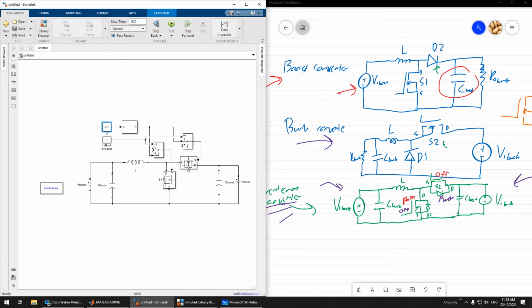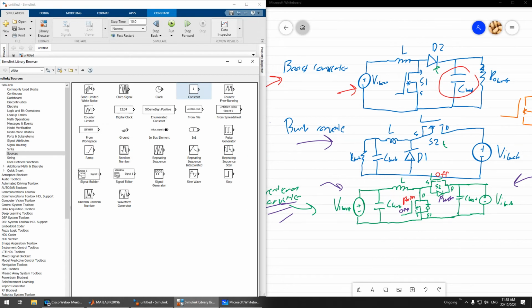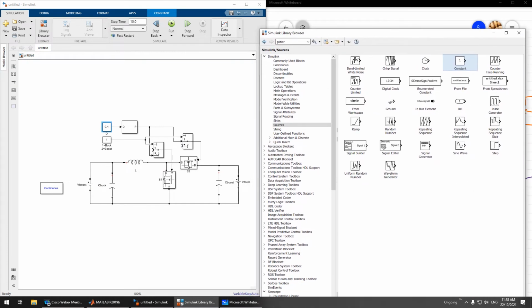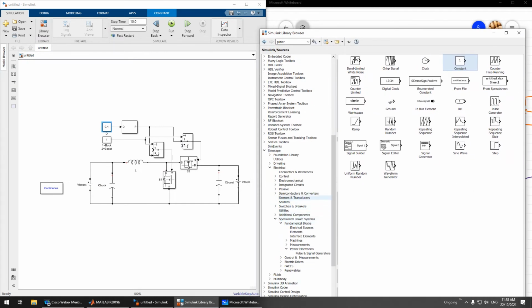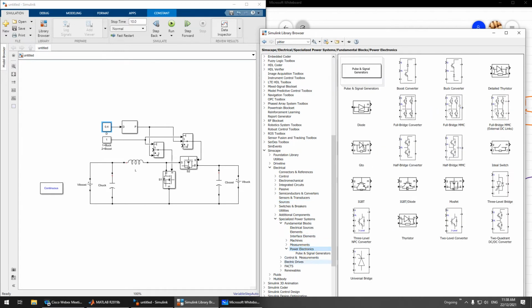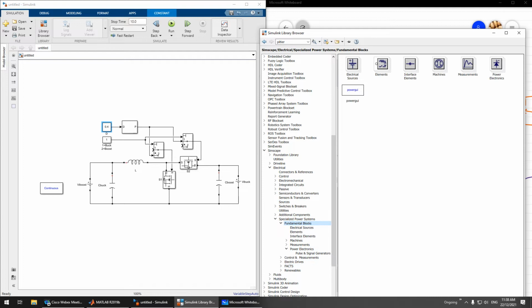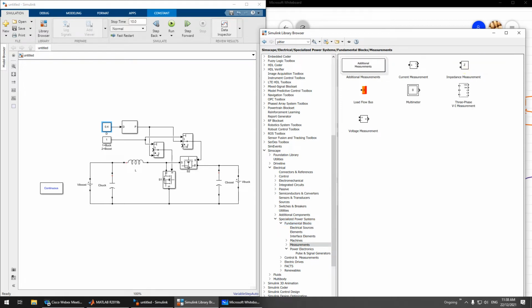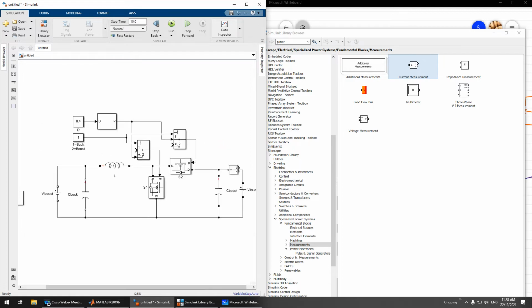So next what we have to do is put a sensor here. You go to the sensor, measurement, the current. We don't need to look at the voltage because it is a voltage source, all the same. But for the current, you need to know the direction.